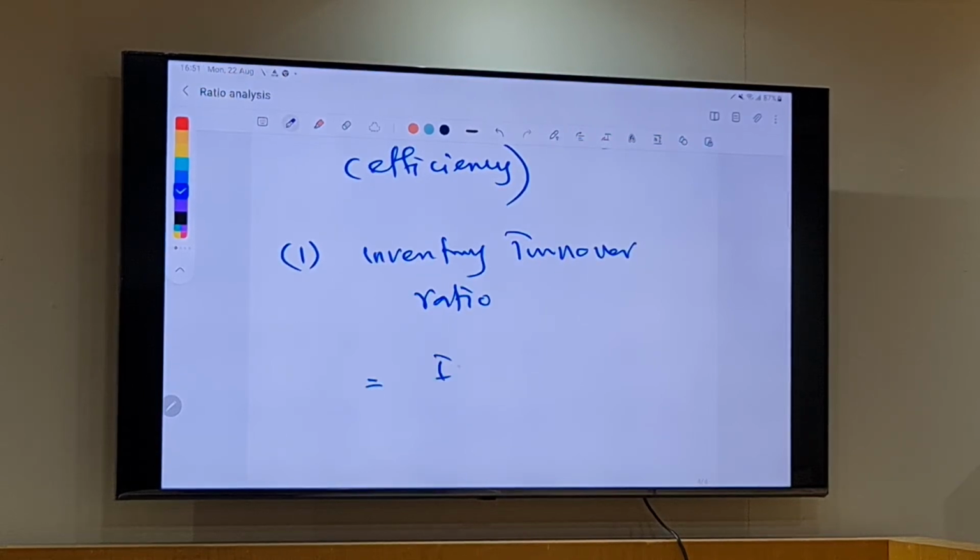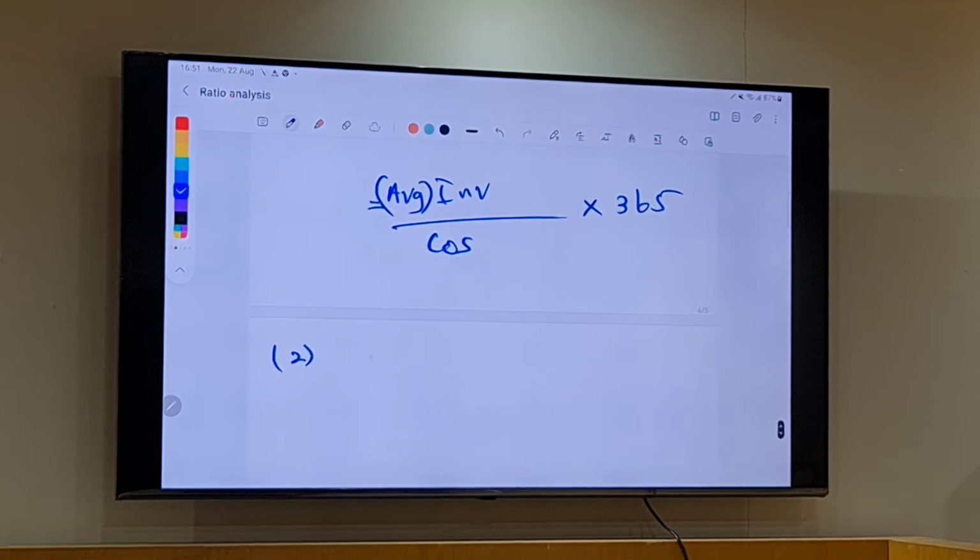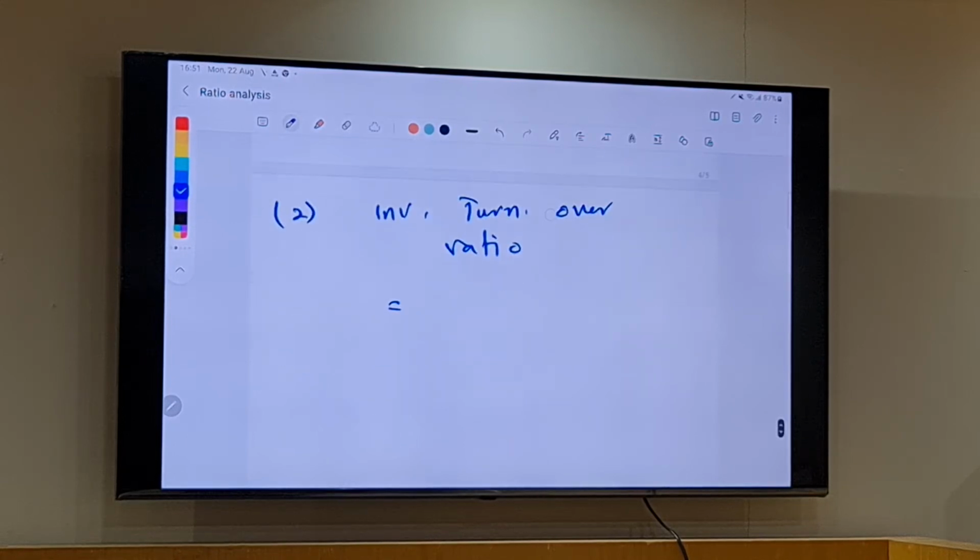Equation: average inventory over cost of sales into 365. Mention period. But if you want inventory turnover ratio, that is cost of sales over average inventory, that's it.